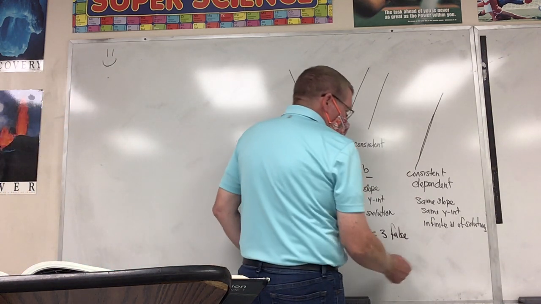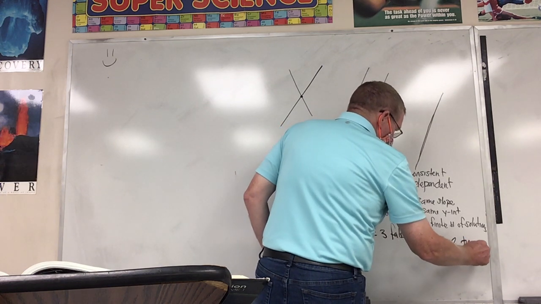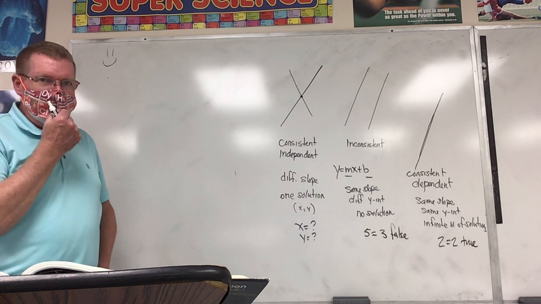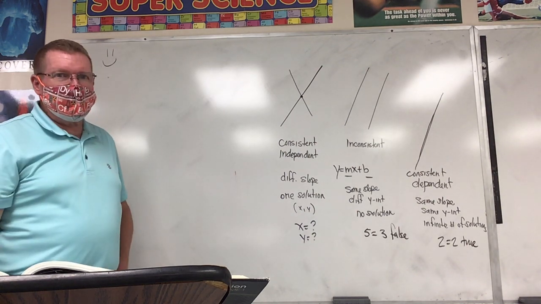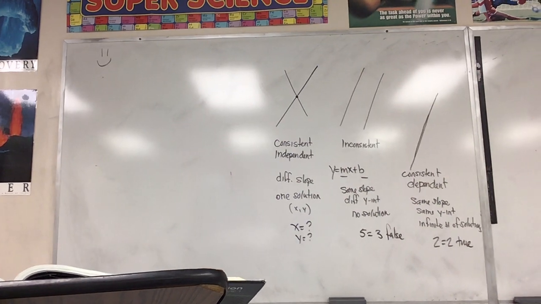If I get a consistent dependent, I would get a true statement, 2 equals 2, or 0 equals 0, which a lot of times would be 0 equals 0.